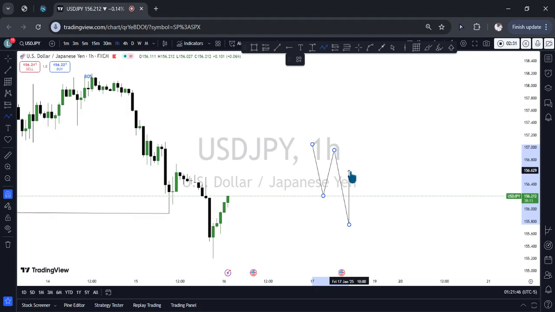So if it creates something like this again and breaks the structure, the next place the liquidity would rest would be above this high. And this place might now serve as a point of interest in some cases.